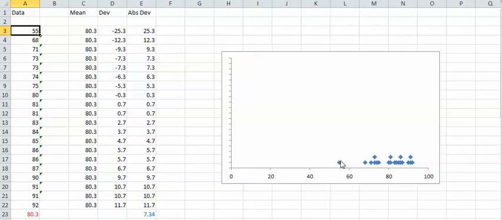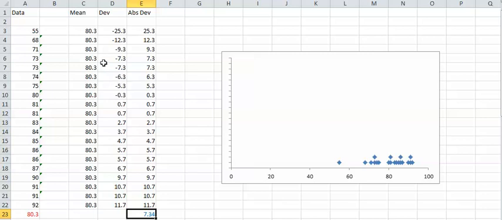The distance from this value up to the mean is now a distance of 25. Since this absolute deviation went up from 15 to 25, the MAD, or the mean of the absolute deviations, went up, because if one of the absolute deviations goes up, then that causes the mean of the column to go up. So the MAD has to go up.